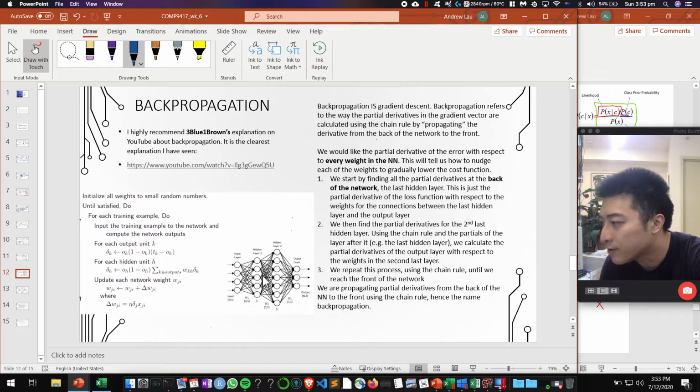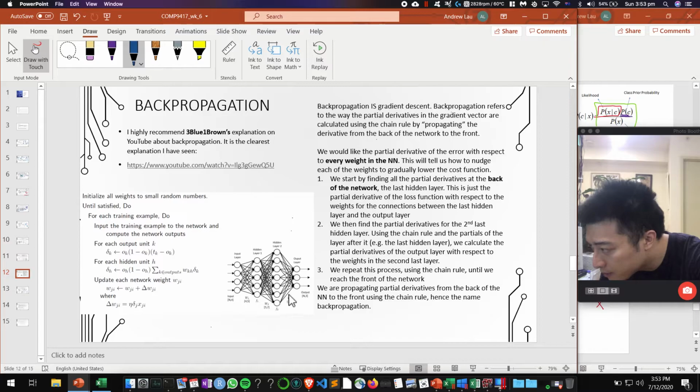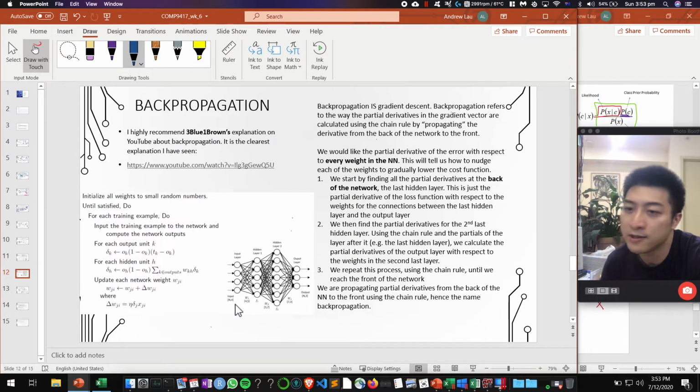Every one of these lines is a weight, and we need the partial derivative of the loss function with respect to each of them. Then you form a gradient vector, and nudge the weight vector by minus the gradient vector.